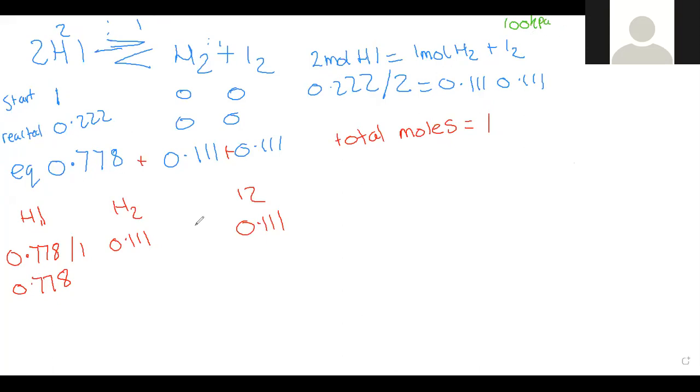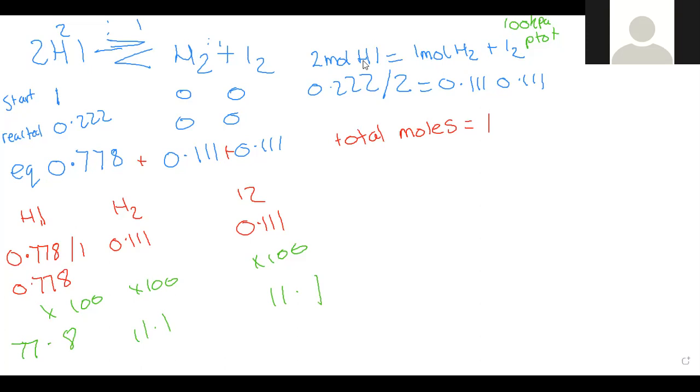So we're going to multiply all of these by 100 to get our partial pressures. Then we will get partial pressures of 77.8, 11.1 and 11.1.